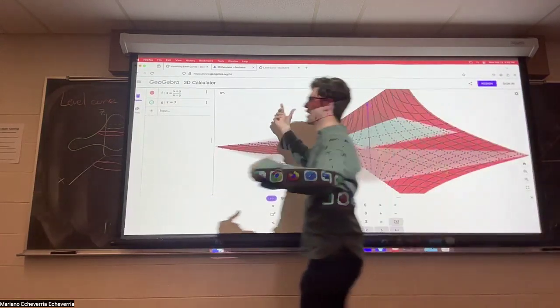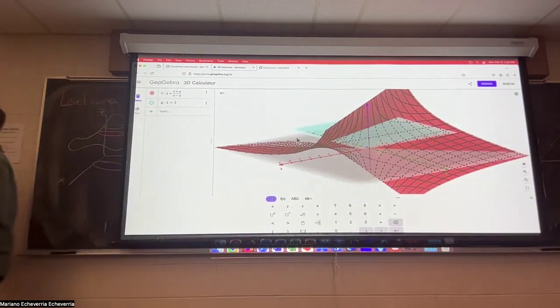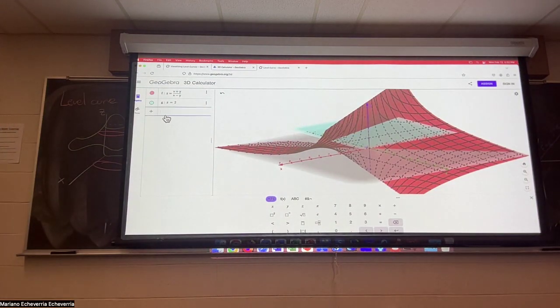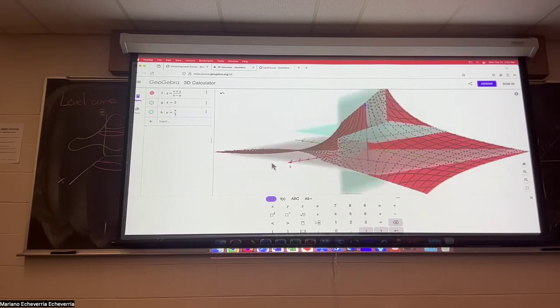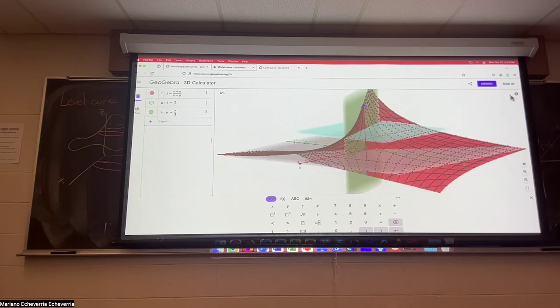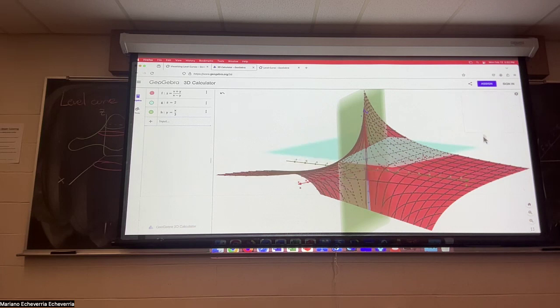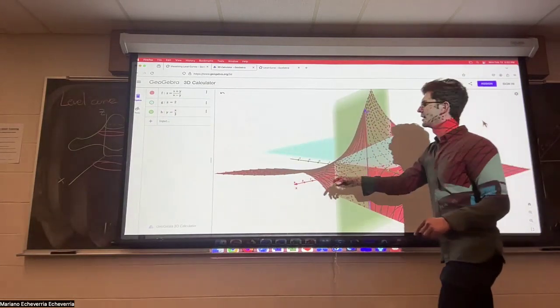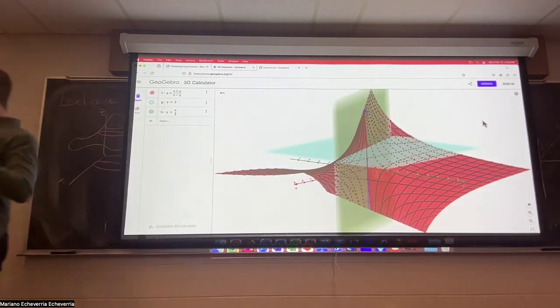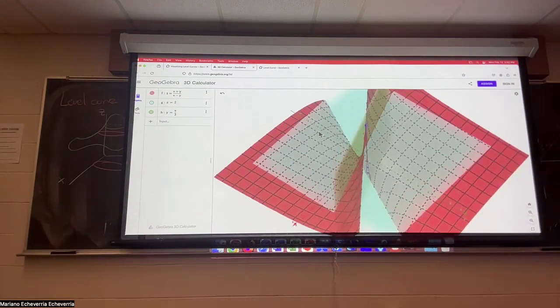And that is the line y equals x over 3. It's a little bit tricky here. Let me see if I can change the color. There's too much going on in this picture. Okay, let me put it from the positive z-axis.